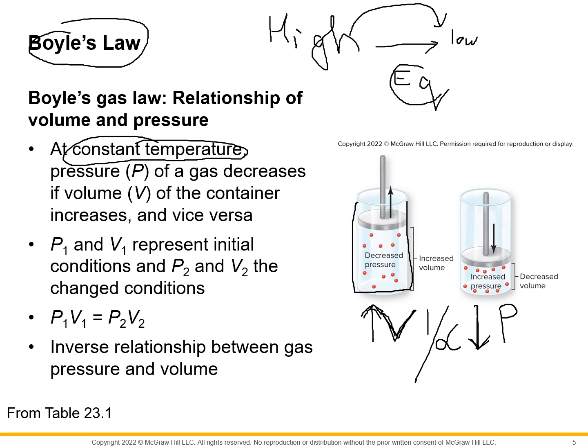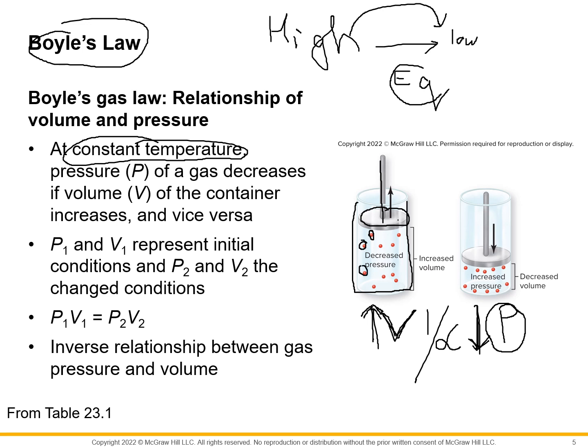So the fancy terminology for Boyle's Law is that the gas pressure inside a container decreases if you increase the volume of the container. So here's a piston inside a glass container, and these red dots represent gas molecules.